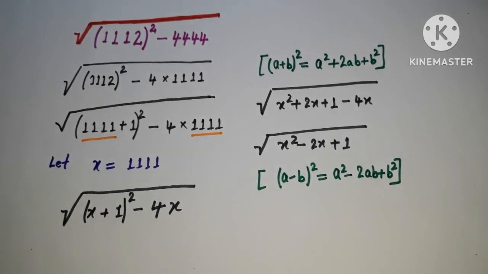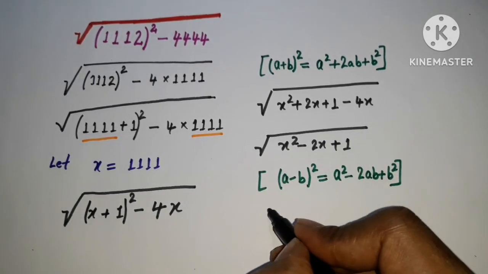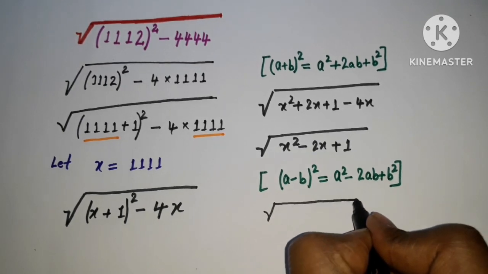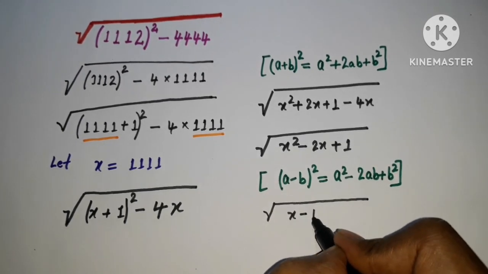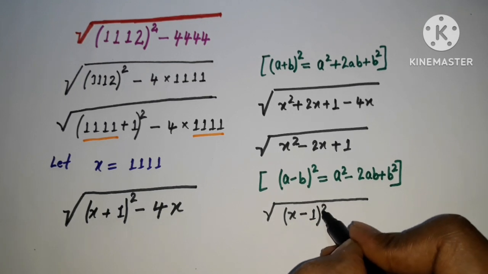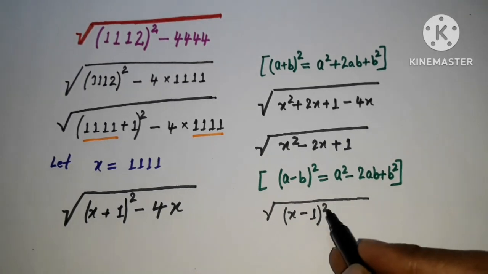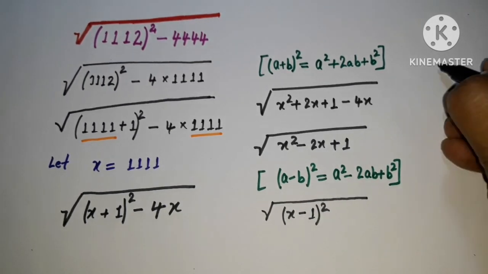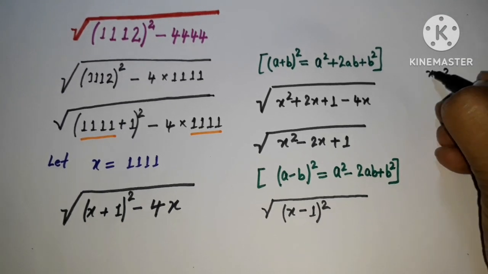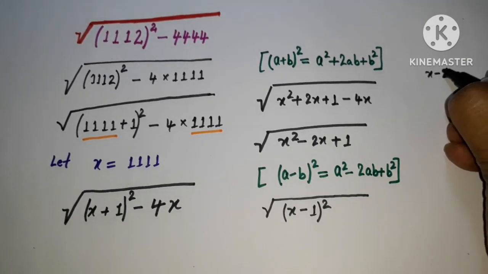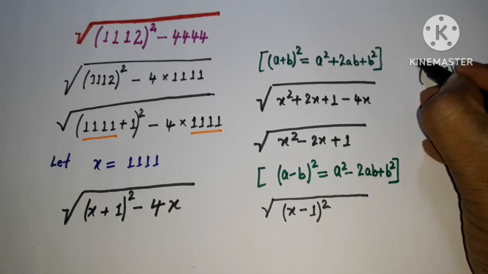So we can compare all this with this one, and we have this value: root under (x minus 1) whole square. In this way the square and the root will cancel, so we have x minus 1.